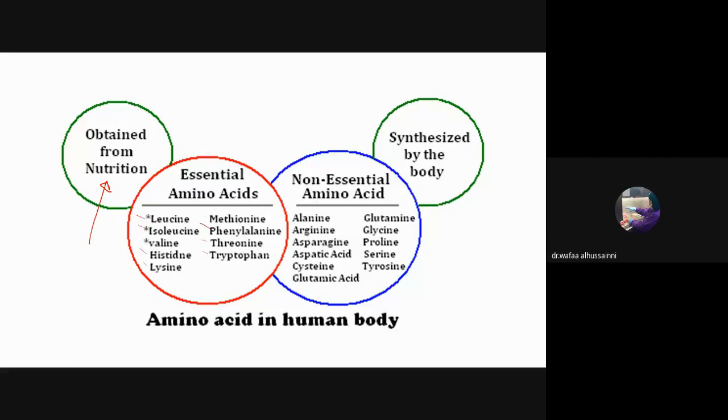While the non-essential amino acids, which are synthesized in our system, are alanine, arginine, asparagine, aspartic acid, cysteine, glutamic acid, glutamine, lysine, choline, serine, tyrosine. So if you calculate the number of those amino acids together, they will make up 20.